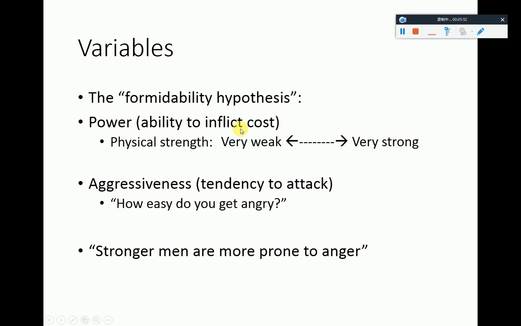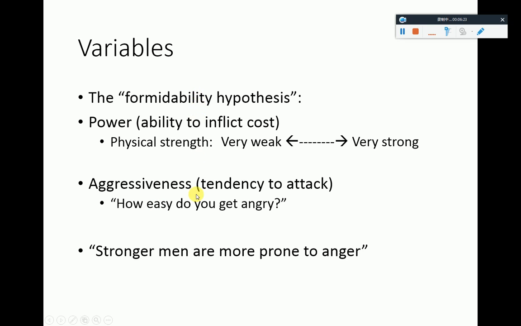We can say someone is very powerful and someone is very aggressive, right? Versus someone is not powerful and that person is not aggressive or, you know, not prone to anger at all, right? So once we're talking about different values of concepts, we're speaking in the language of variables.